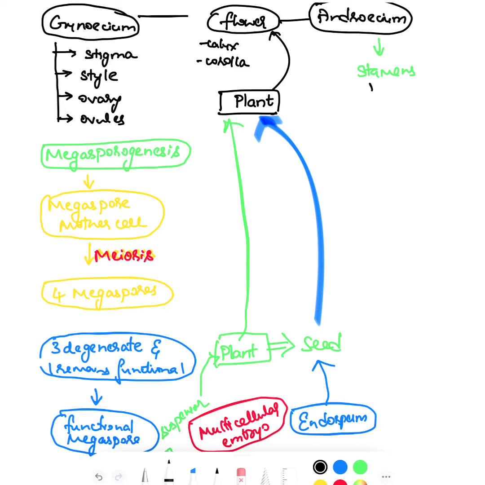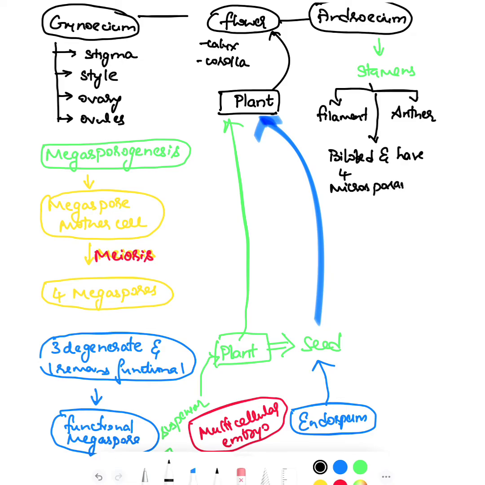The stamens will have two parts: one is filament, another one anther, and it is bilobed and has 4 microsporangia. Now we have to see the process called microsporogenesis. This is one important concept in this chapter.